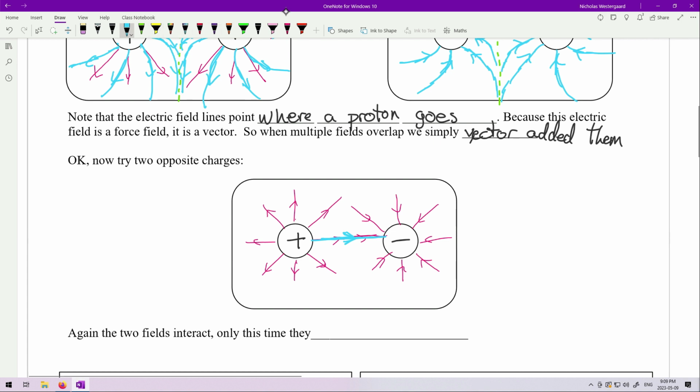And if we look, say, up here closer to the top, we would see that the positive charge is pushing kind of up and to the right, and the negative charge is going down and to the right.